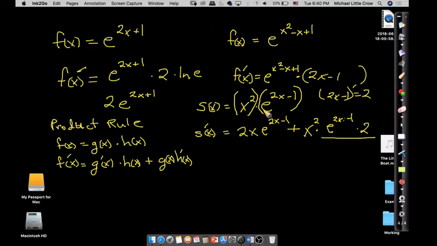So if I just had that, and I asked you to take its derivative, what would be the derivative? It's the same thing times the derivative of the exponent, because it's got a function up there in the exponent.